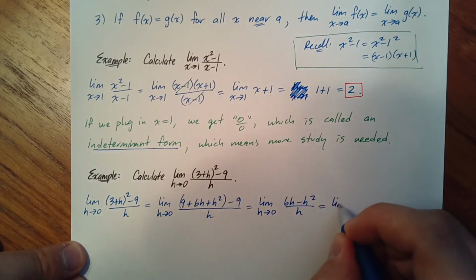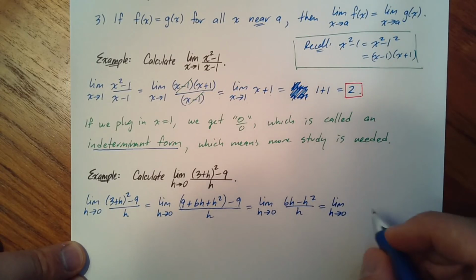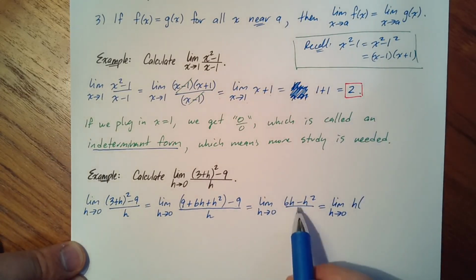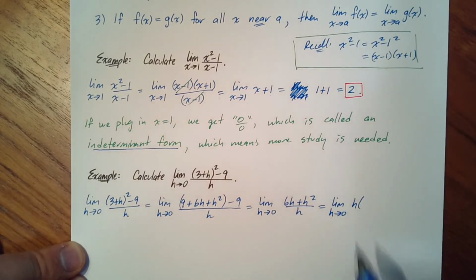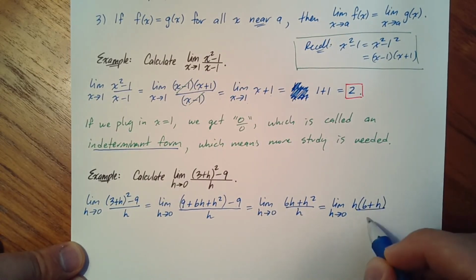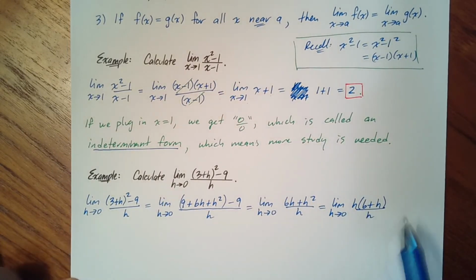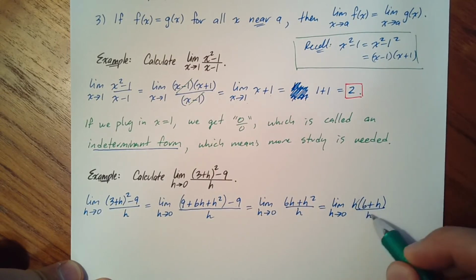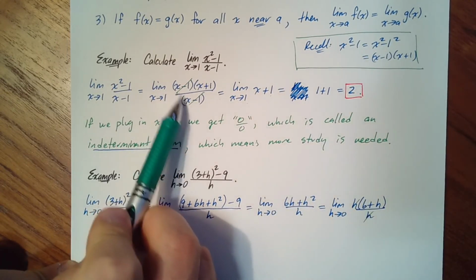So we could factor out an h, and this will be h times (6 plus h) all over h. So now we can cancel these h's. That worked out nice, just like we canceled the x minus 1s up here.